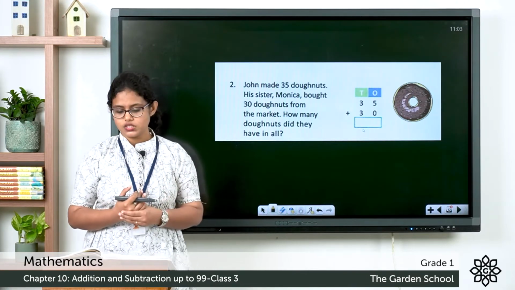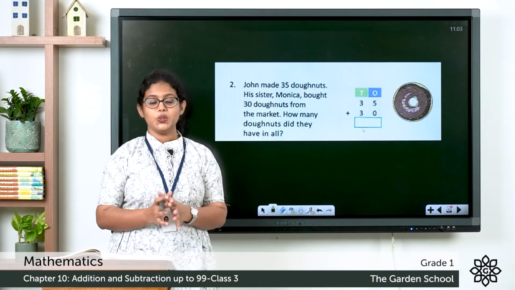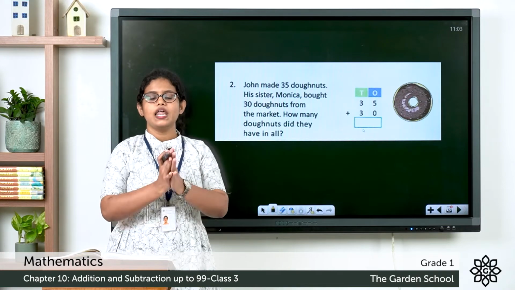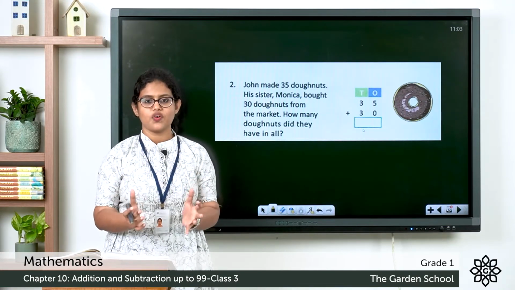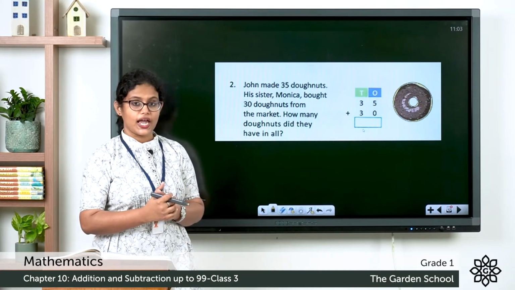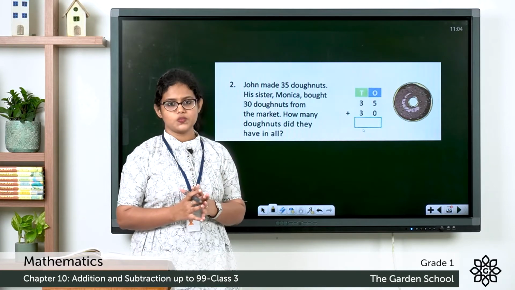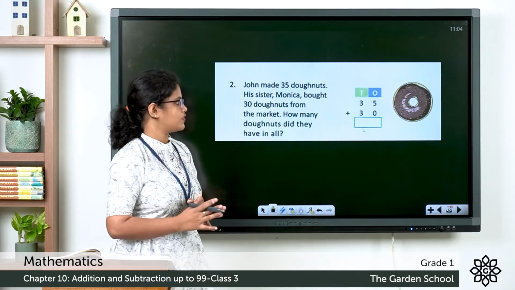How many donuts did they have in all? So what is the question here? What do you need to find? You need to find the total number of donuts they have in all. So for that we need to add them, so that we'll get the total number of donuts they have.